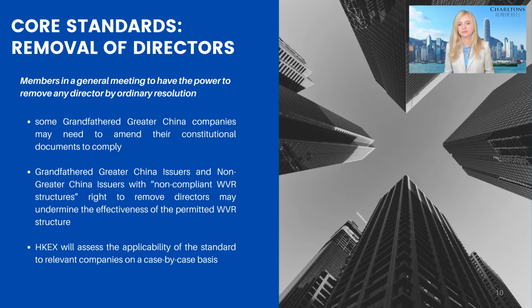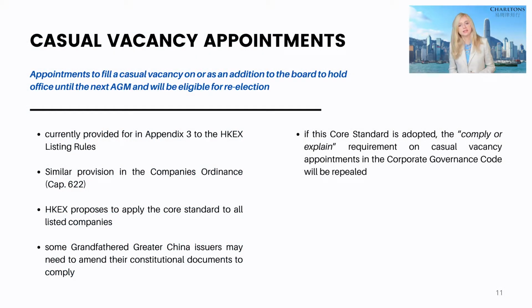The second core standard proposed is that any person appointed by the directors to fill a casual vacancy on the board will hold office only until the next AGM and will then be eligible for re-election. This standard is currently provided by Appendix 3 to the Listing Rules.